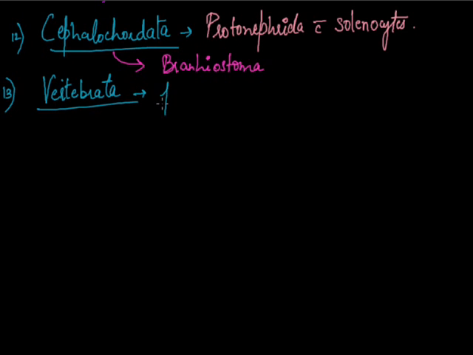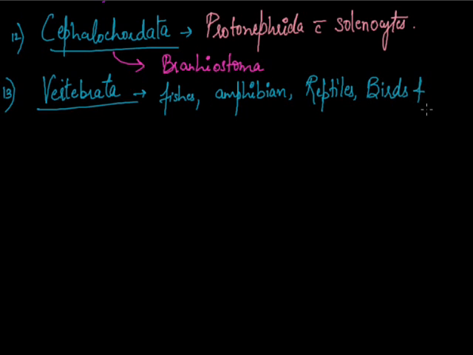The last one we will deal with is vertebrata. In vertebrata we study fishes, amphibians, reptiles, birds and mammals, which all excrete different types of nitrogenous waste: some excrete ammonia, some urea and some uric acid.